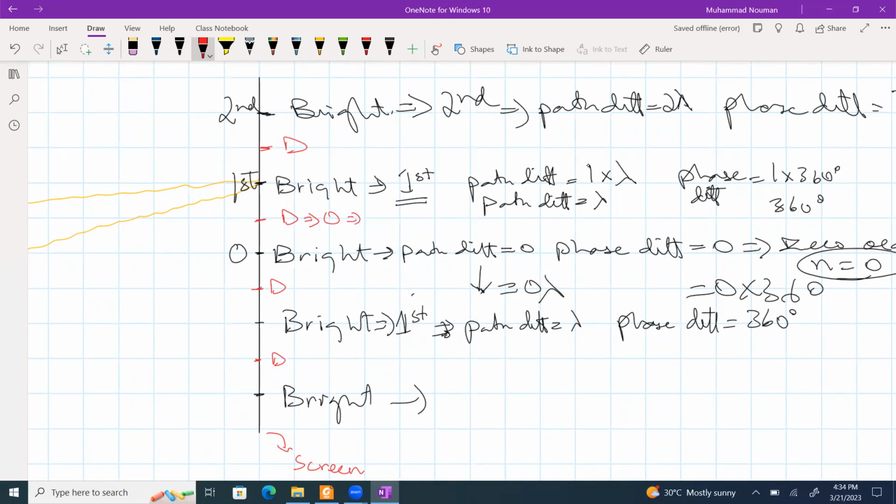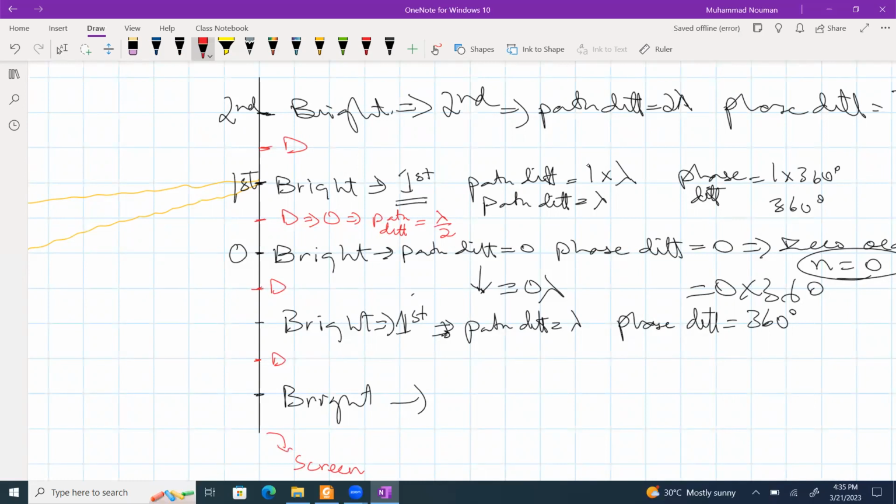The path difference for a dark fringe, meaning for minima, is n plus half lambda. So 0 plus half is half only, so lambda by 2 only.